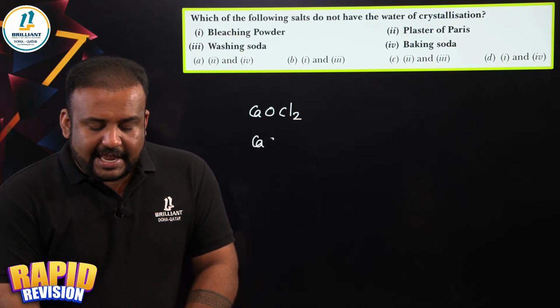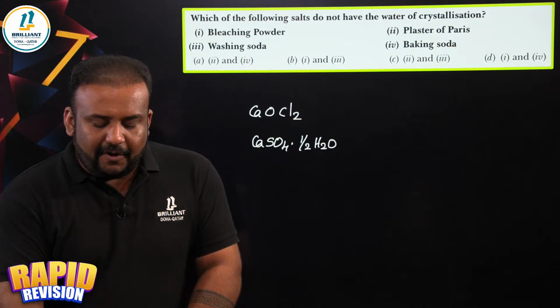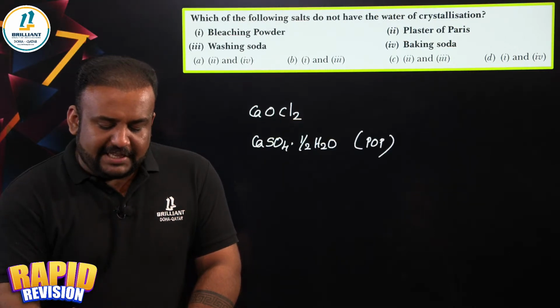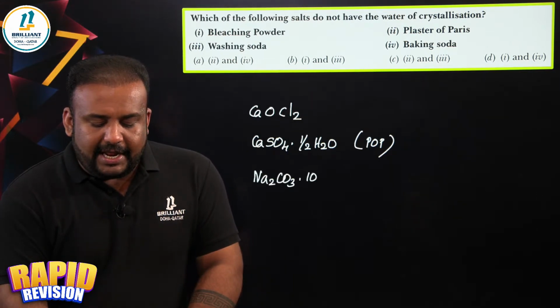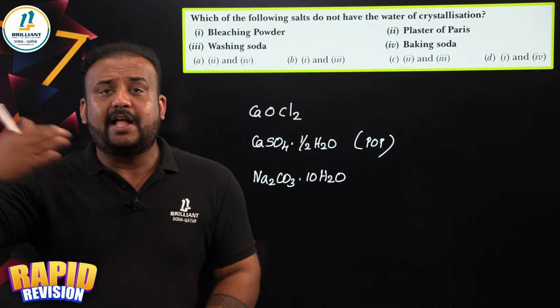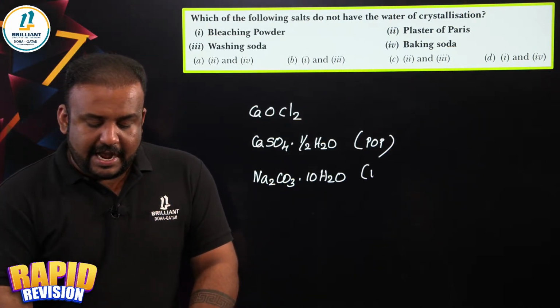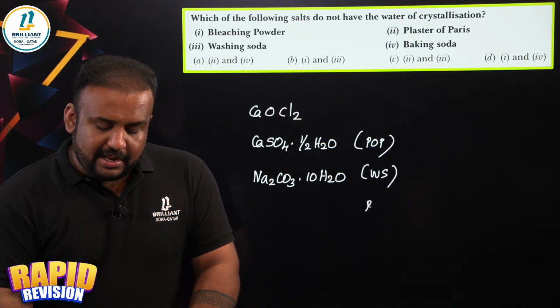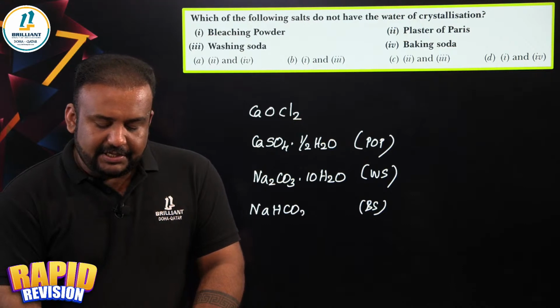Plaster of Paris, calcium sulfate hemihydrate, CaSO4.1/2H2O. This is plaster of Paris. Washing soda, Na2CO3.10H2O, sodium carbonate decahydrate. That is also having water of crystallization. And then we have baking soda, which is NaHCO3.